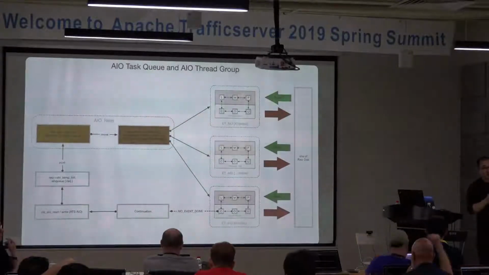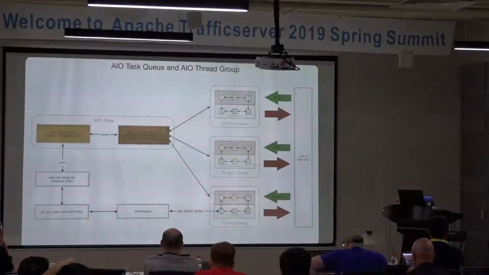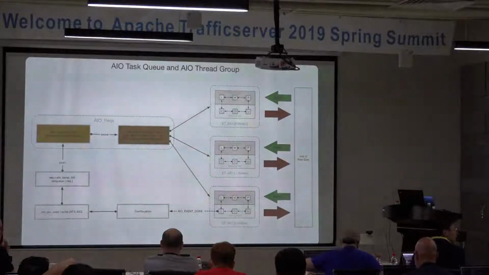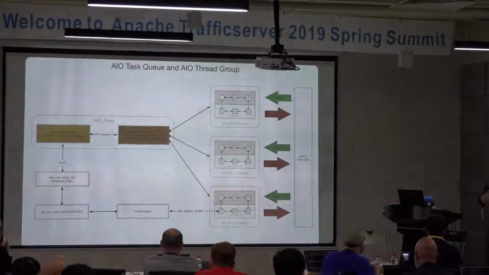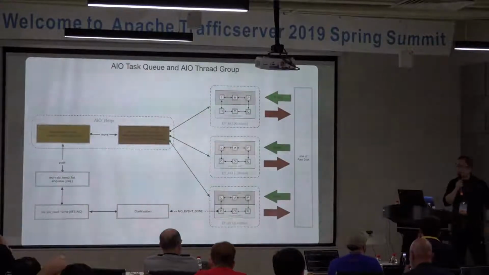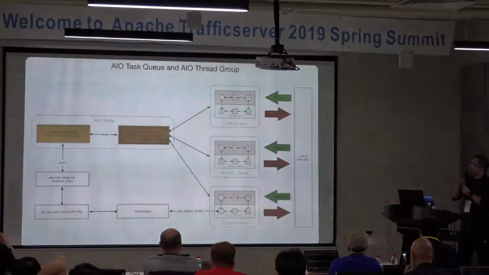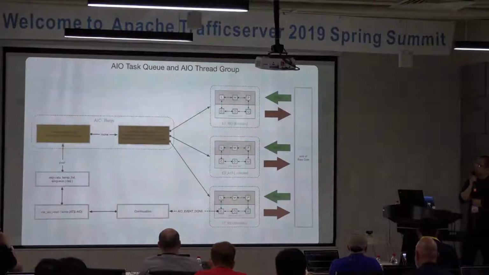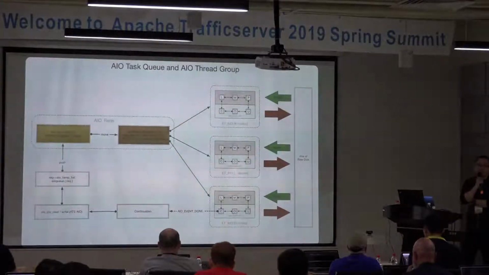Okay, so there's a priority that determines the order of these things. As far as I can tell, a priority bigger than 0 is not used in ATS.